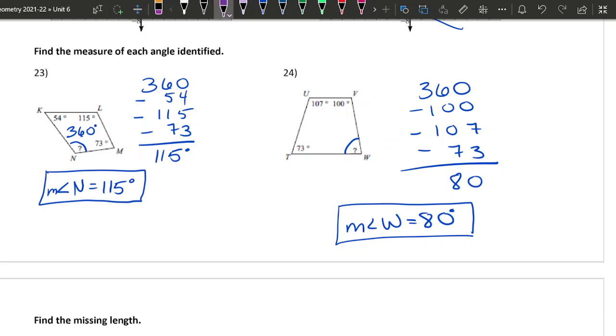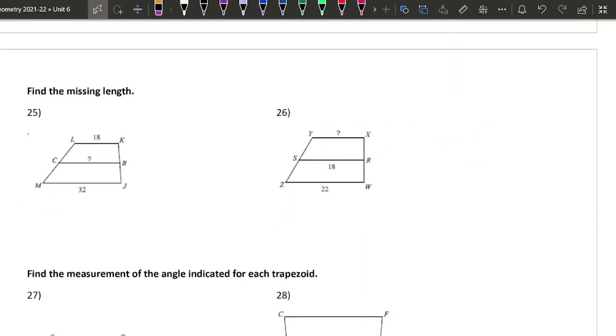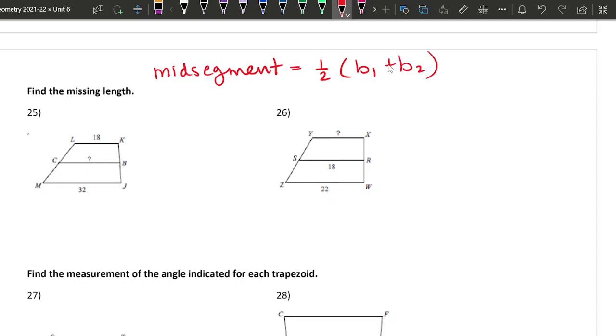All right, so then on number 25, find the missing length. I see I have trapezoids, or what appears to be trapezoids. It doesn't actually tell me that. So the mid-segment equals 1/2 of B1 plus B2, since I can see that the mid-segment is what I'm looking for in number 25.